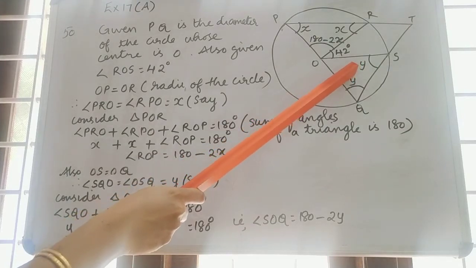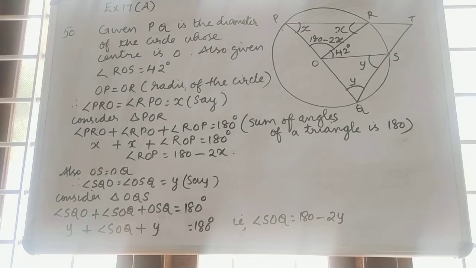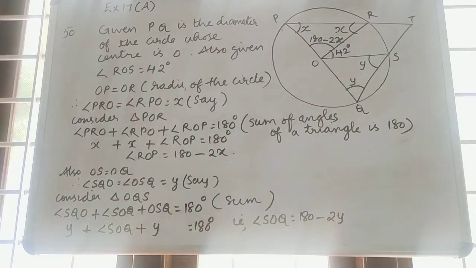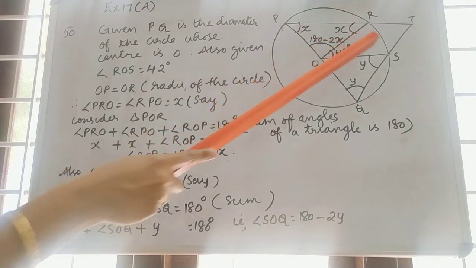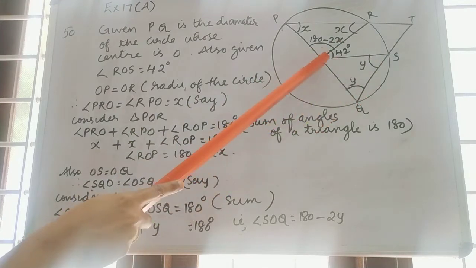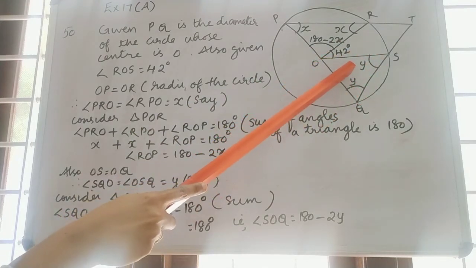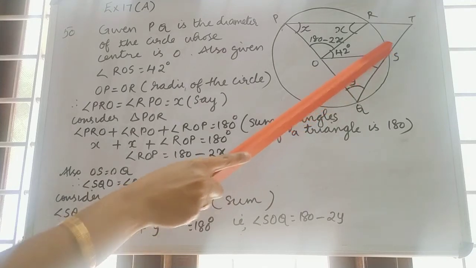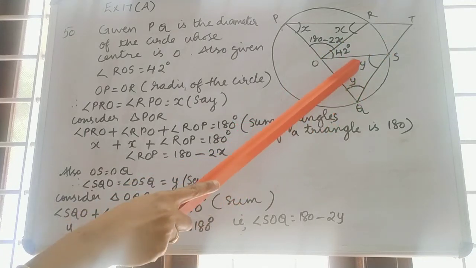Sum of angles of a triangle is equal to 180 degree. That is the reason you should write. So S, Q, O, these three angles sum will be 180 degree. So we can write y plus angle SOQ is equal to 180 degree.